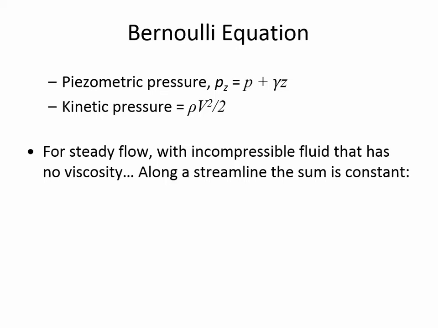If we have the density divided by gamma, remember that gamma is density times g. And so this is saying if we have the density and divide it by gamma, then that leaves us with a g in the denominator.